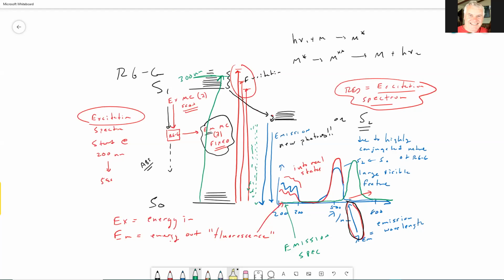So given the performance of the monochromator, typically you would start at about 310 nanometers to scan the emission. Does that make sense?